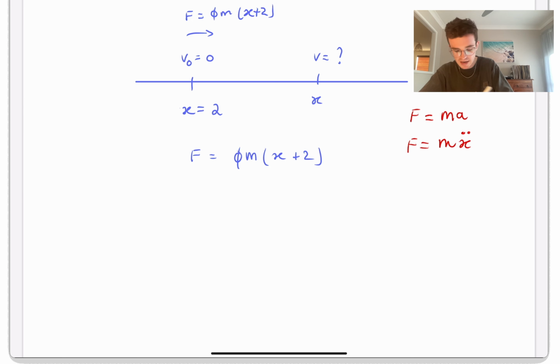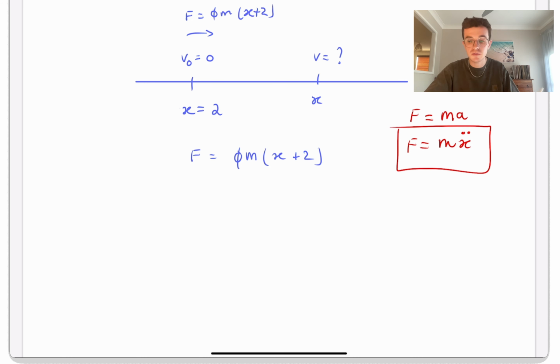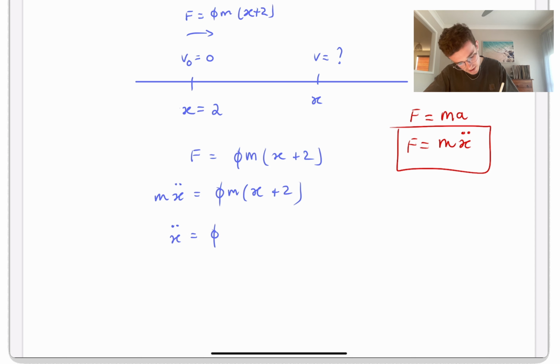So this is our Newton's second law, and that's very, very important here. Force is equal to m x double dot. So m x double dot is equal to omega m (x plus 2). Obviously our m's are now going to cancel, so x double dot is equal to omega (x plus 2).